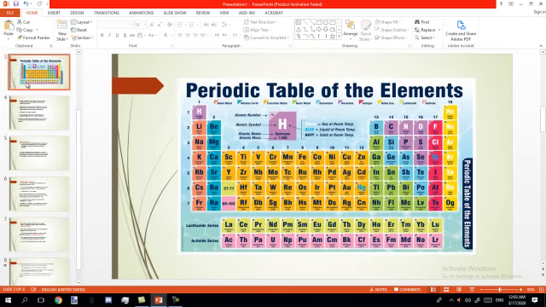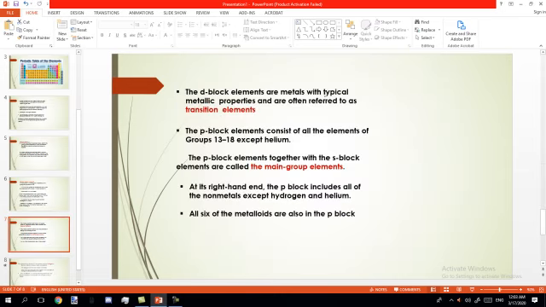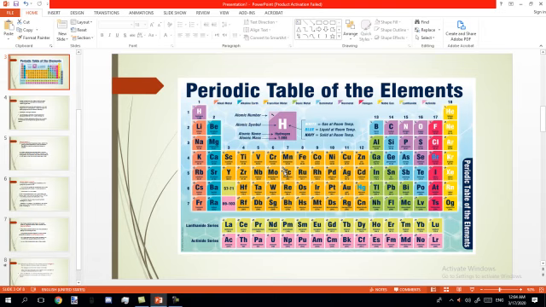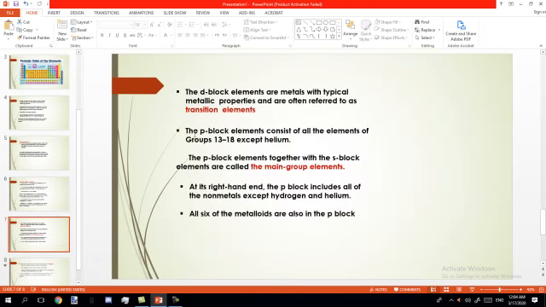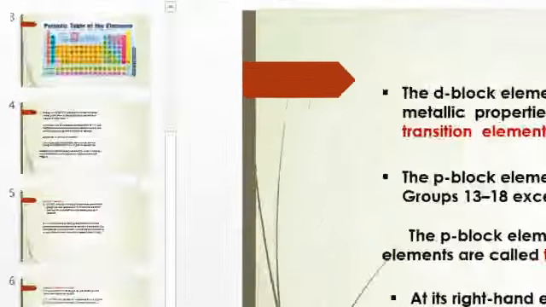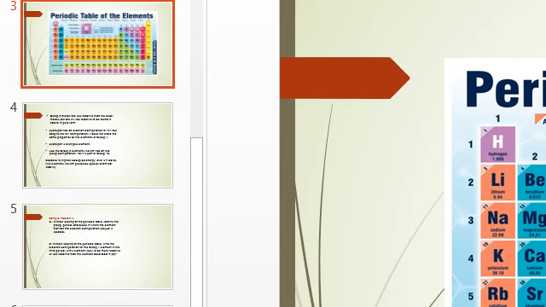Now back to the modern periodic table again. We said that the d block elements are metals with typical metallic properties and are often referred to as transition elements. Here in the orange color, the transition elements. The p block elements consist of all the elements of groups 13 to 18 except helium.